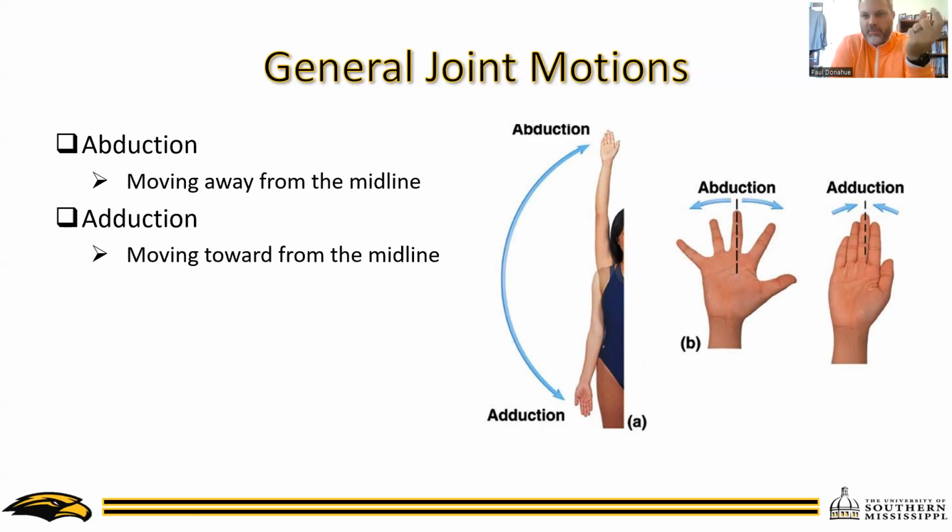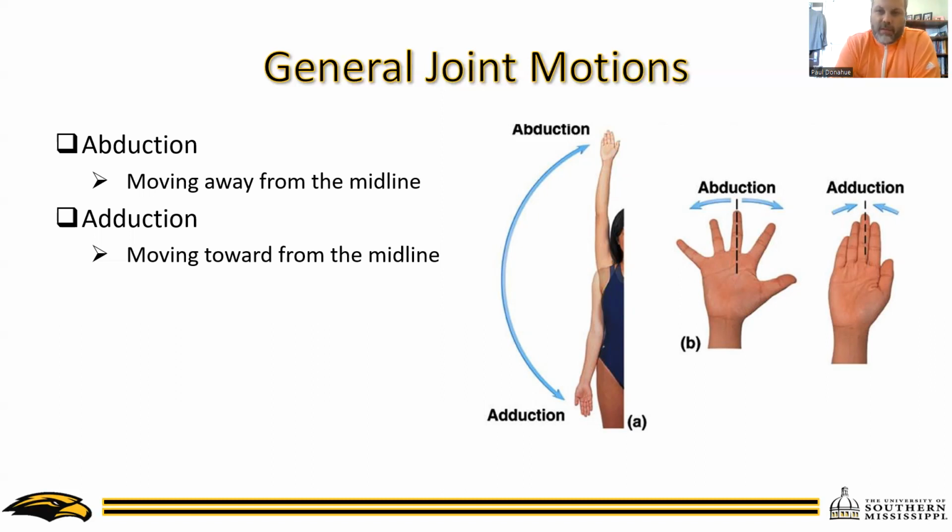But abduction is when we are going away from the center. So if we're looking at our hand here, and it's nice and closed, if we're moving our fingers away from that middle finger, it's abduction. They're getting bigger. If we pull everything in, it's adduction, where you're adding to. That's a way to think about that.